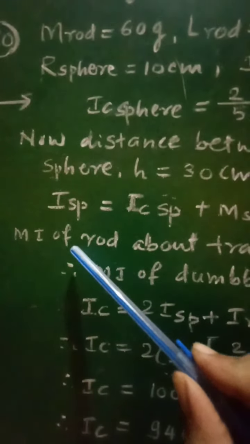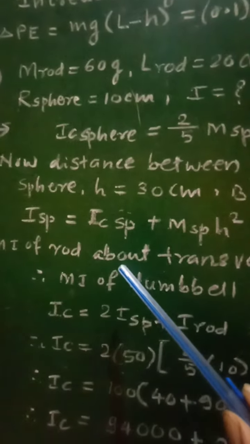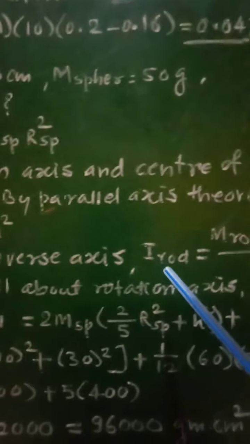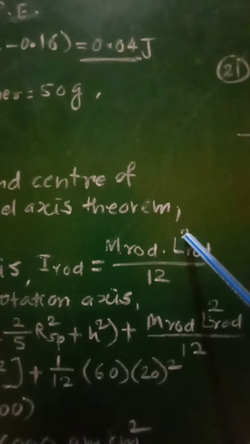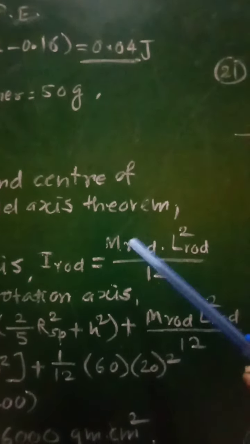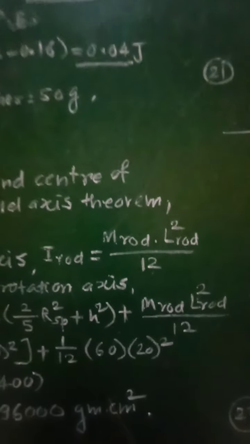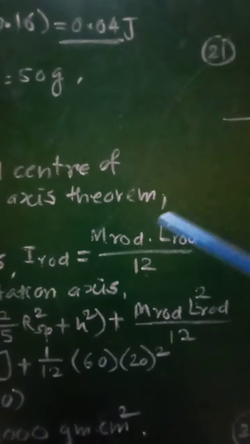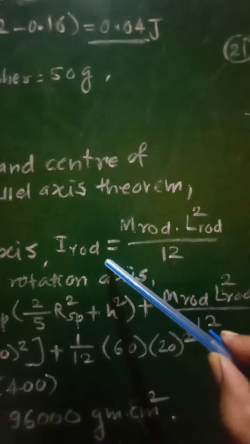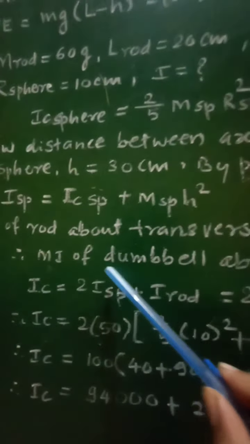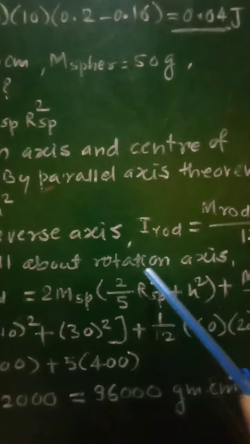Now MI of rod about transverse axis, that is I rod, will be equal to M rod into L rod square upon 12, that is the formula for moment of inertia of the rod about the transverse axis.